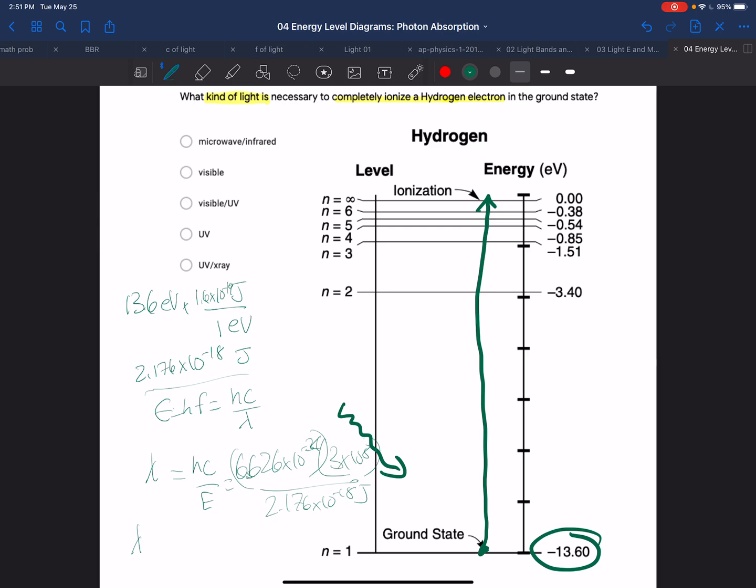And that gives us a wavelength of 9.135 times 10 to the minus 8th meters.